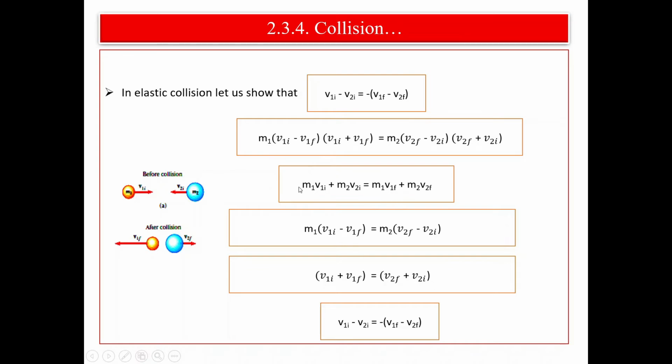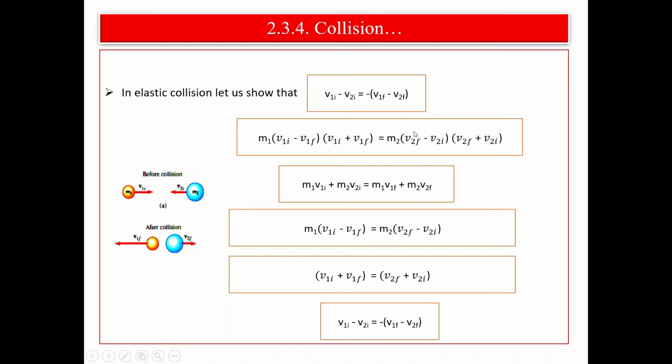Now when you take m1 to the left side, it becomes m1 times v1 initial minus v1 final, and for the other, m2 times v2 final minus v2 initial. Collect mass 1 together and mass 2 together, from the conservation of momentum, and finally we get this.